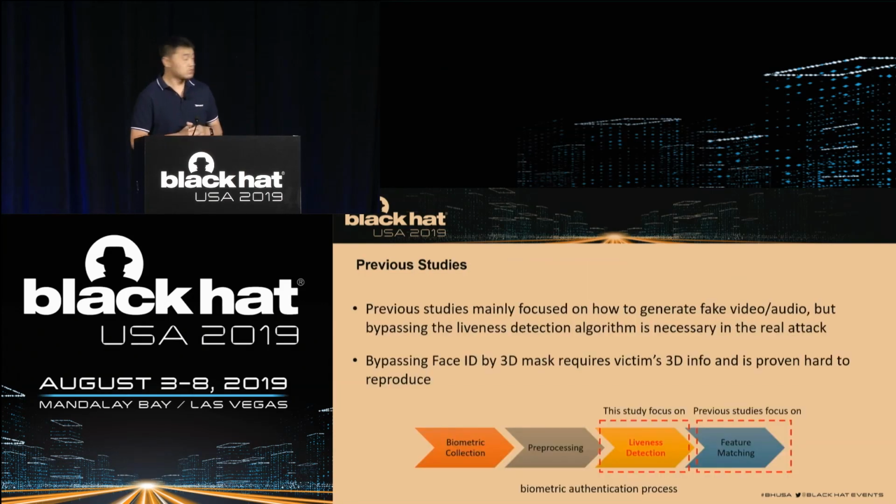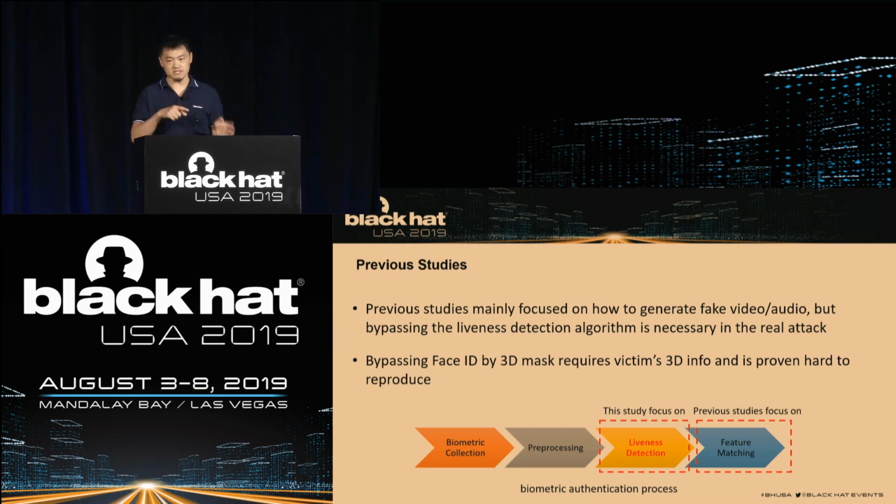Let's summarize the previous studies in this area. Mostly they focused on generating fake video or audio to do the attack, but very few studies focus on how to bypass the liveness detection, because liveness detection is crucial.